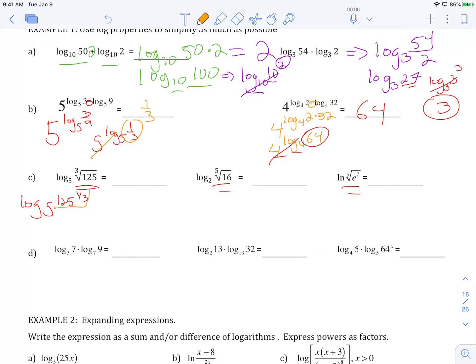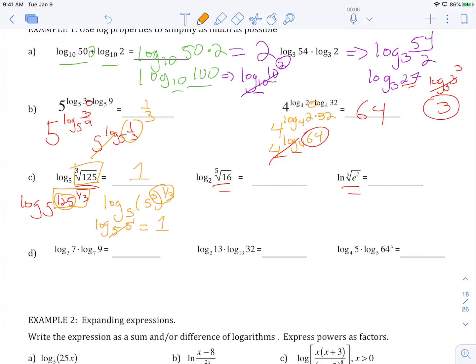You could actually evaluate 125 to the 1/3 power, or you could change 125, because 125 is a power of 5, to log base 5 of 5 to the third raised to the 1/3, which is just log base 5 of 5 to the first power, which is just 1.